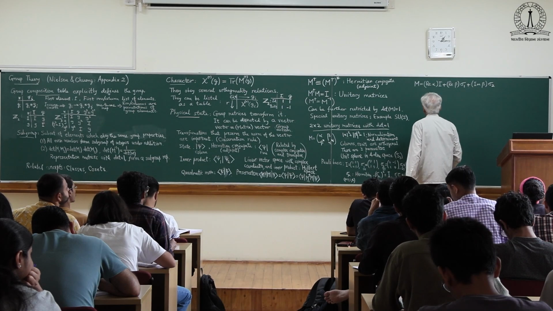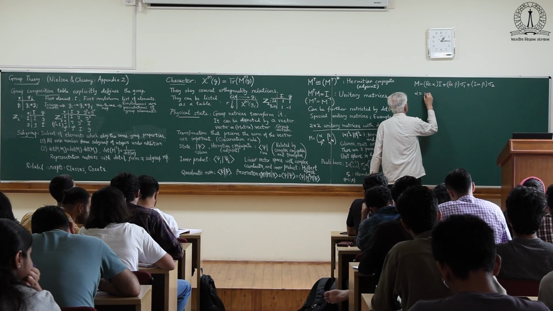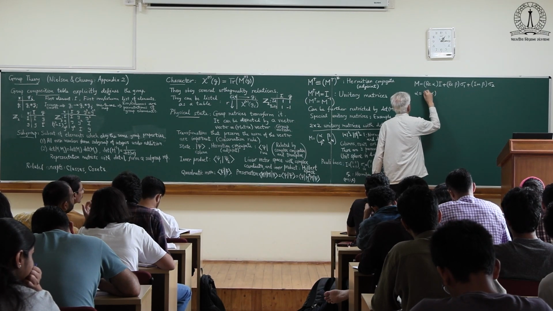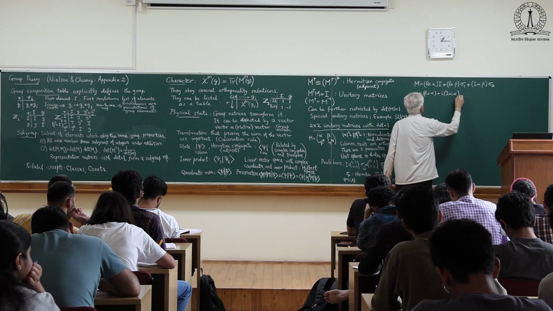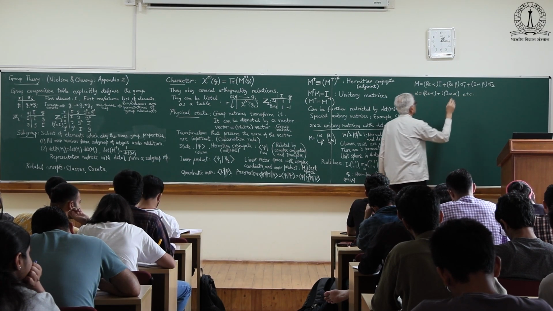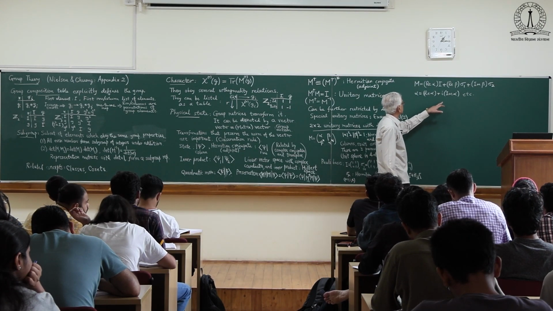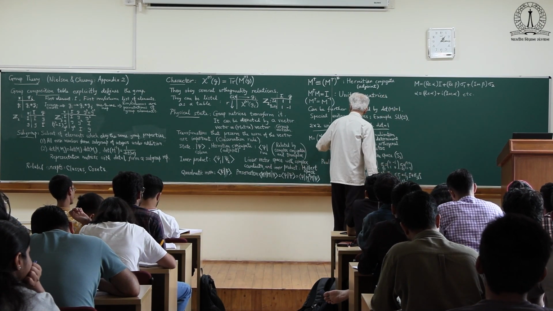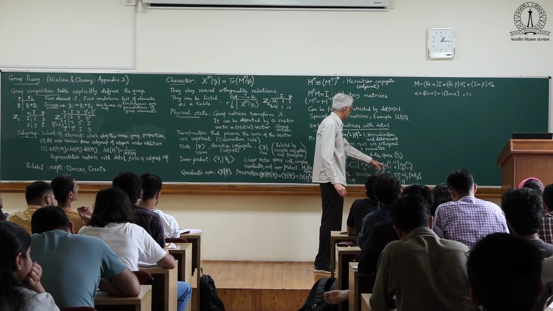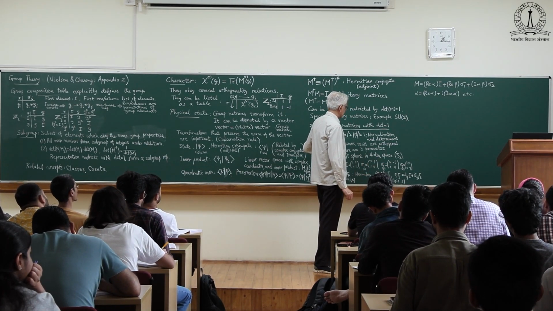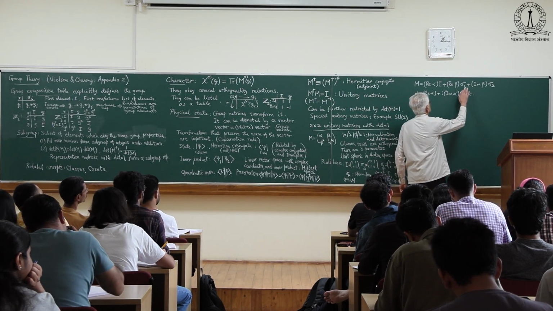So I have to give a definition that alpha is equal to real part of alpha plus i times the imaginary part, which also refers to a real number, and then I have to put some signs which take into account whatever is here. So this is a sign change because this one has a minus part here.